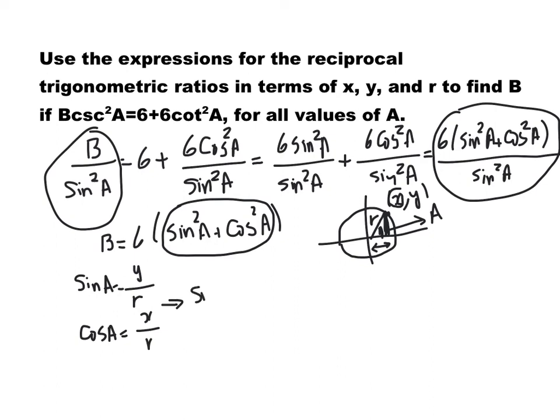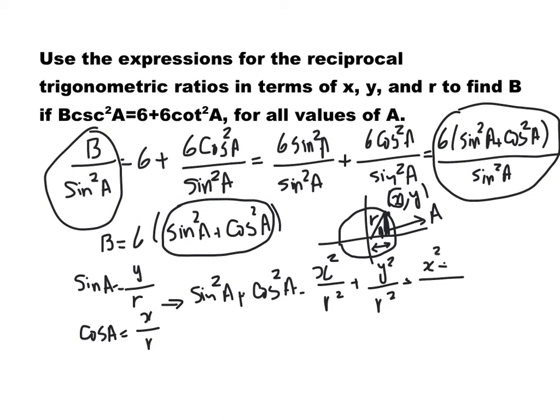So I get sine squared A plus cos squared A is x squared over r squared plus y squared over r squared. The fractions have the same denominator, so just add the numerators. So we get x squared plus y squared over r squared.